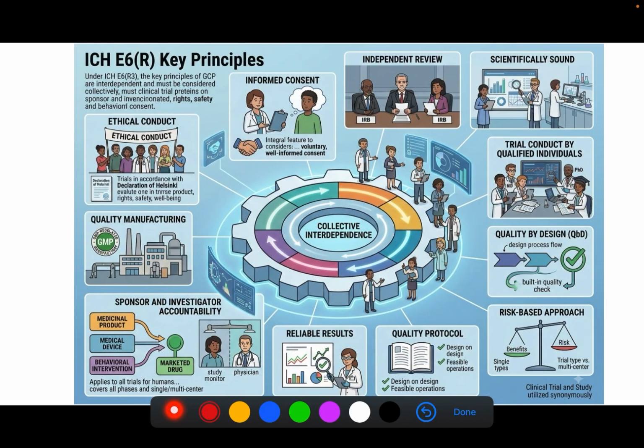So now we will be talking about the ICH E6 R3 key principles. At the center of GCP are its key principles, and under R3, the big shift is that these aren't a checklist you tick off one at a time. They are interdependent; you have to consider them collectively. Informed consent isn't just a form, it has to be voluntary and well informed.